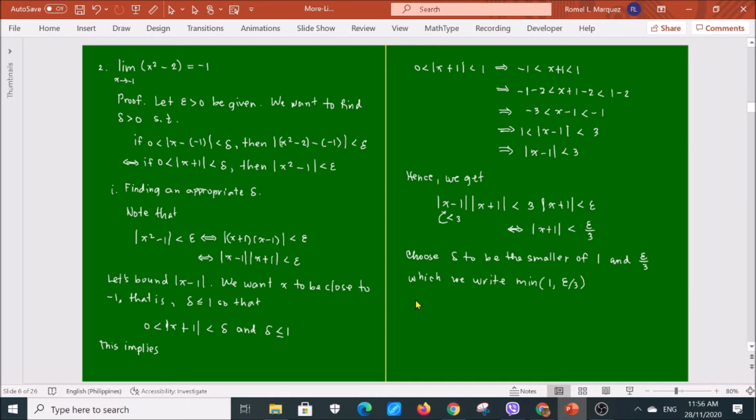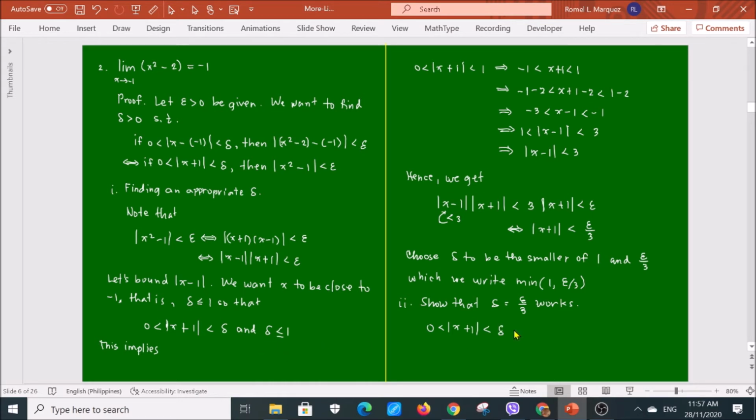Let's say we try this one. You have to show that this delta, epsilon over 3, works. So let's see if this really works. We have 0 less than the absolute value of x minus 1, less than delta.